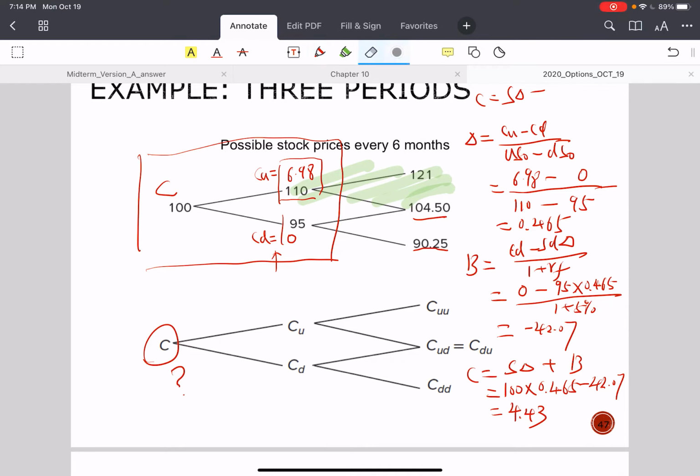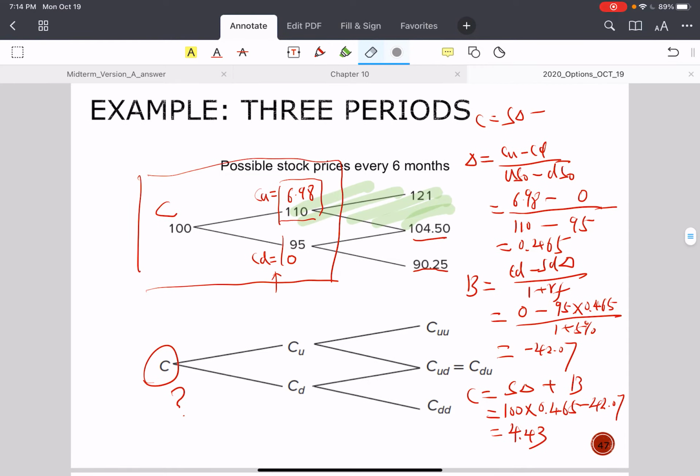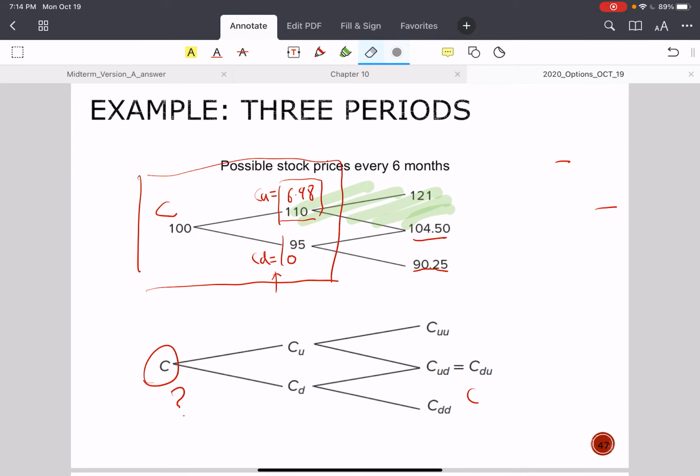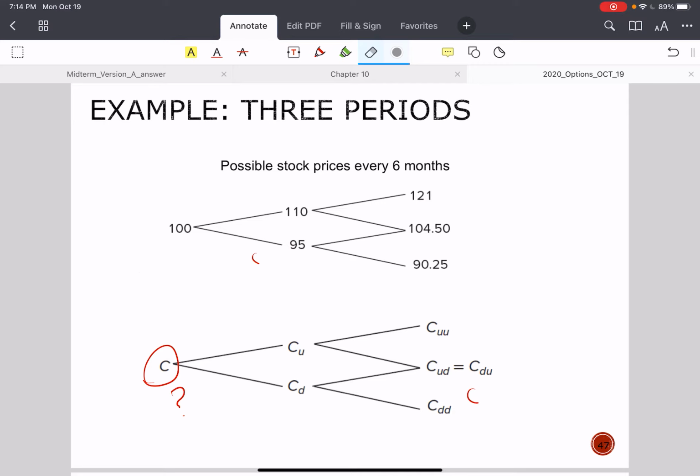Now let's think about the second approach, right? So the second approach is about using this hedging portfolio. If you recall, when we were talking about the hedging portfolio, the first step is the hedge ratio, right? So what's the formula on hedge ratio?